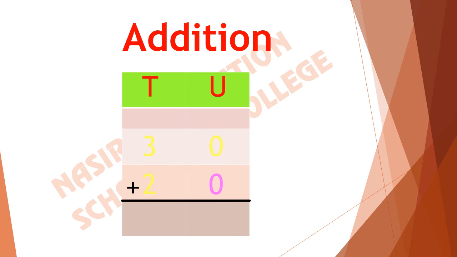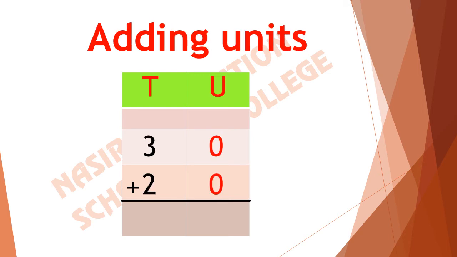So we will write 2 in tens column and 0 in the units column. We start from units. If we add 0 and 0, what will we get now? Can you tell me? Let me tell you. In 0, if we add 0, we get 0. So we will write 0 in units column.